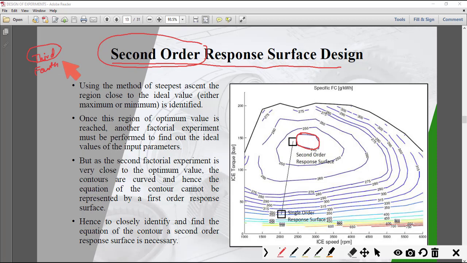What do you mean by confounding? It means that the same effect is caused by various combining factors, right? We have seen confounding before. In simple words, with second order response surface design we get enough accuracy that there is no need to go for third order response surface design.